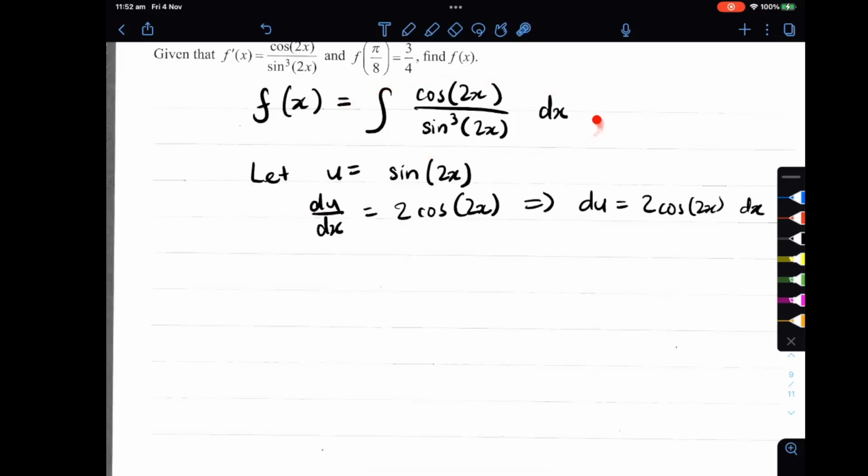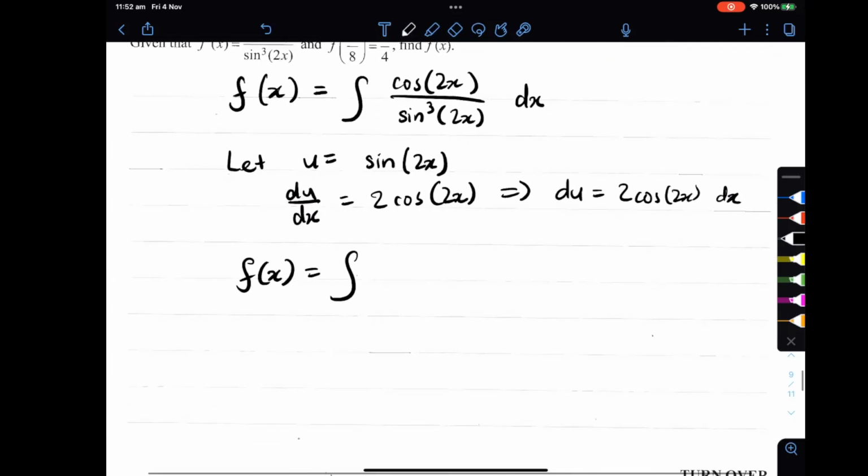And so now this can be simplified here. So we're going to get f of x is equal to the integral of u cubed. This here we can do if we add an extra 2 here, but that means we have to multiply by a half.